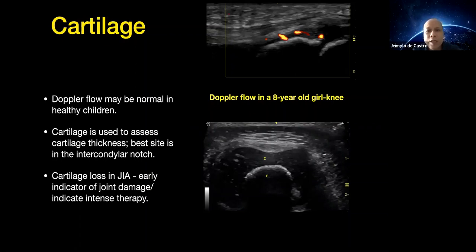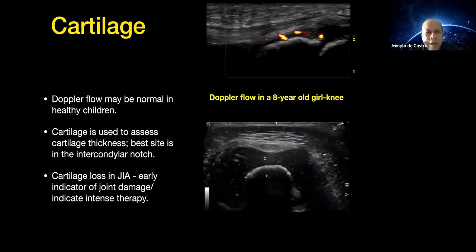So if you see some Doppler findings there, it may seem like an abnormality, but actually it's just a healthy physiologic finding.